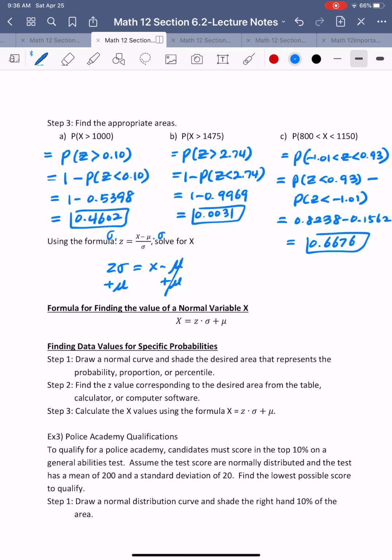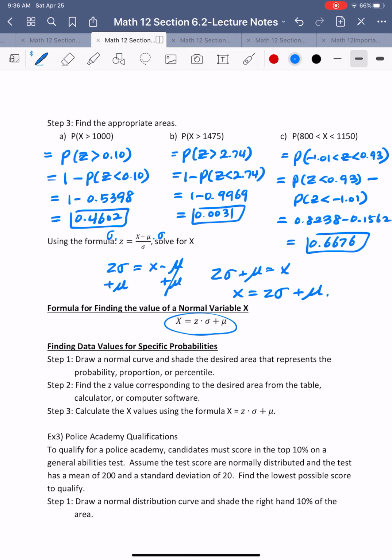You get z sigma plus mu equal to x. If you reverse it, x equals z sigma plus mu. So it's from finding a z-score. Okay, so we can use this formula for finding data values for a specific probability.